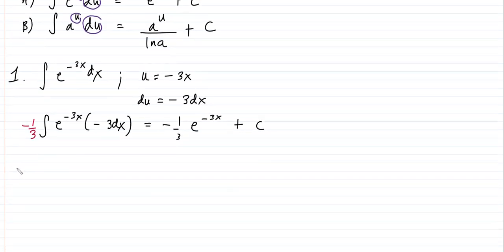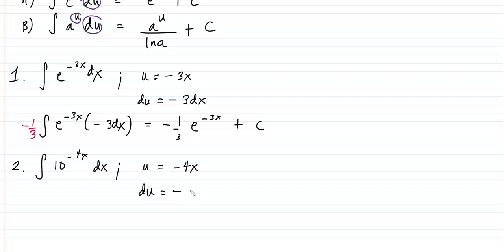As simple as that. Let's try number 2, the integral of 10 raised to negative 4x differential x. First, choose an appropriate u. That is negative 4x. The differential is negative 4 differential x. Right here, 10 raised to negative 4x is your a raised to u, and the differential is negative 4 differential x, with a balancing factor of negative 1/4.